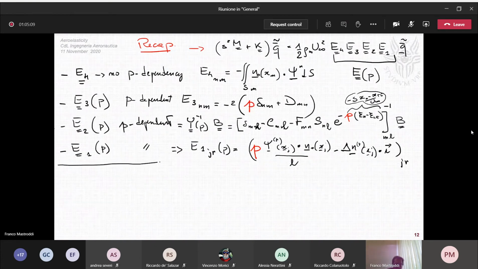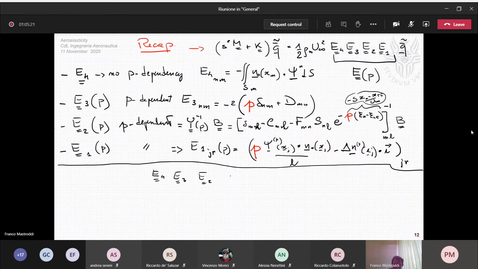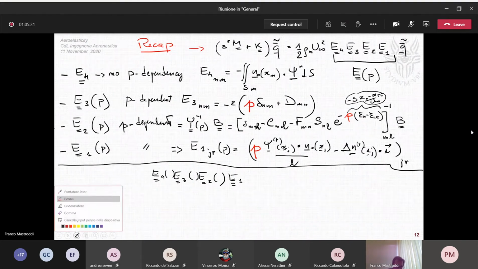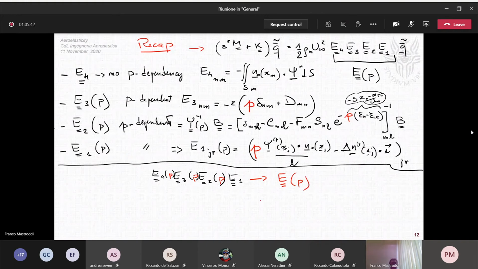Conclusion. When you take the product E4, E3, E2, E1, and these three are function of P, you obtain a global matrix E, which is function of P. Of which kind of dependency?